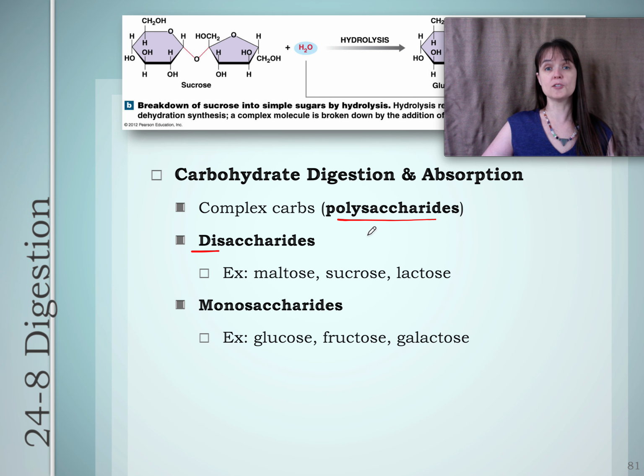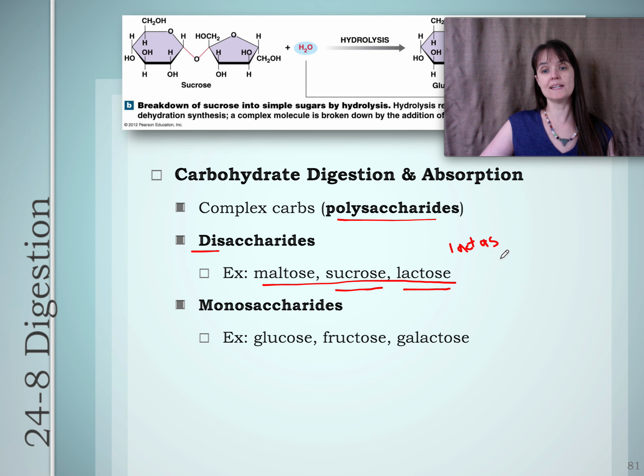Disaccharides, di means 2, so it's 2 monosaccharides stuck together. Maltose, sucrose, and lactose are all disaccharides. Sucrose is your table sugar. Lactose is milk sugar. If you are lactose intolerant, then it means you don't have the enzyme lactase.